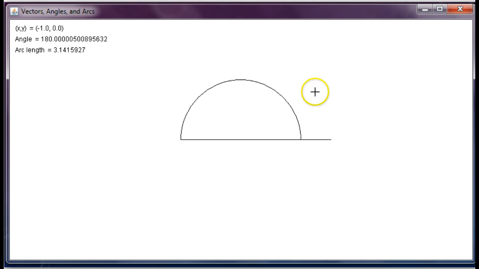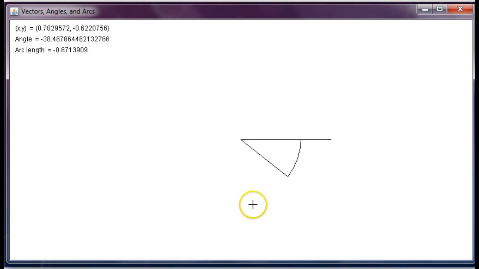You notice that the circle flipped around when I went down here. So what's happening is, up here we had the range from 0 to pi, and down here we have the range from 0 to minus pi. So now we're getting into our negative numbers.